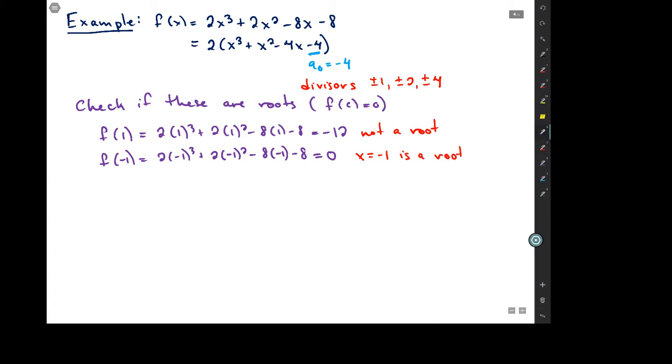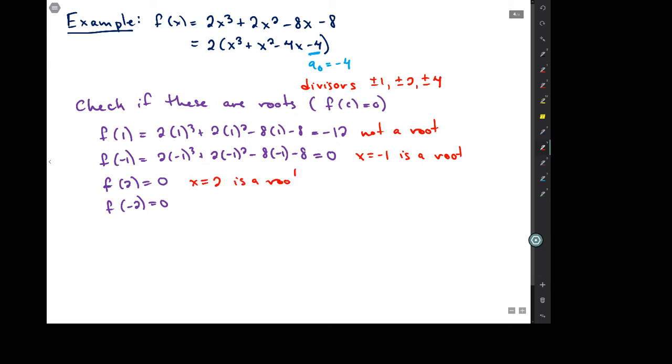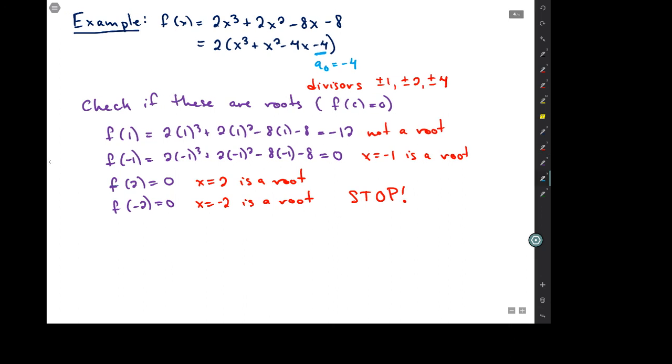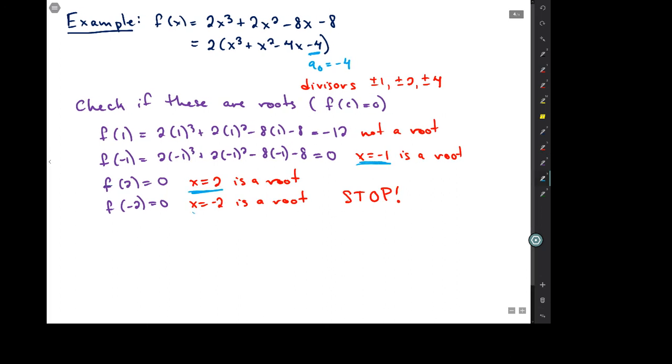And then if I plug in 2, I get a root. And if I plug in minus 2, I also get a root. So here x equals 2 is a root, and here x equals minus 2 is a root. And at this point, I stop because I have found 3 roots, x equals minus 1, x equals 2, and x equals minus 2.